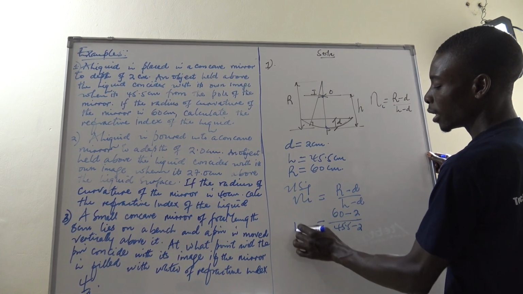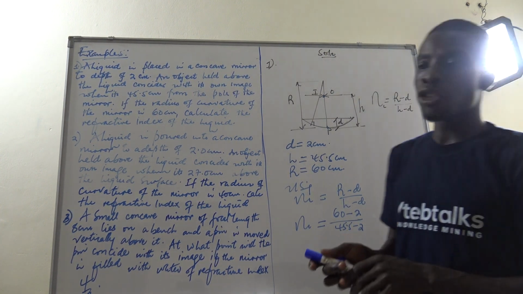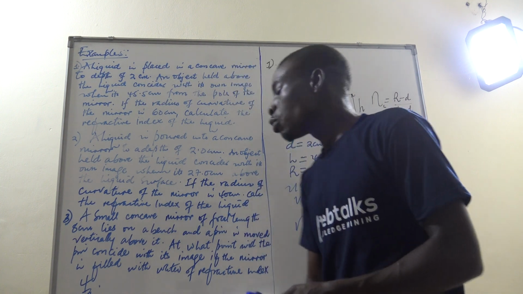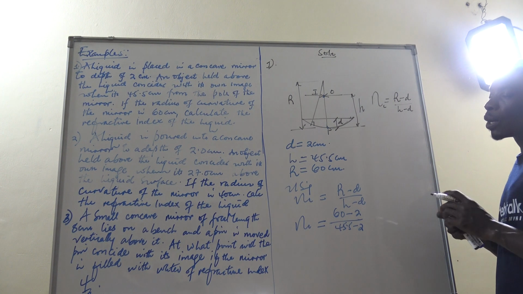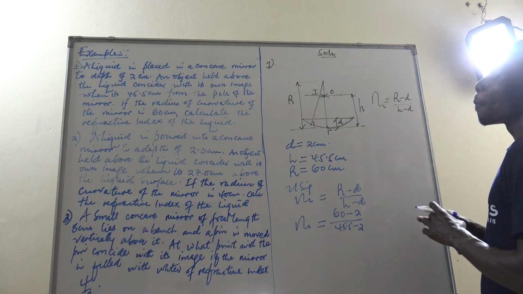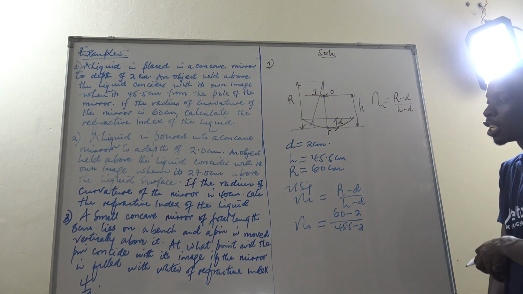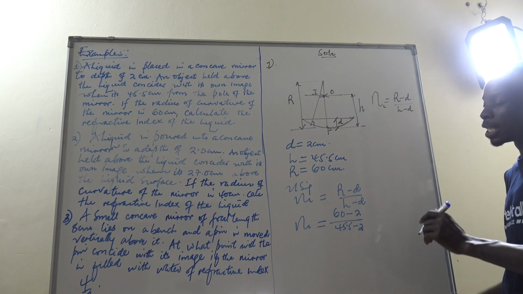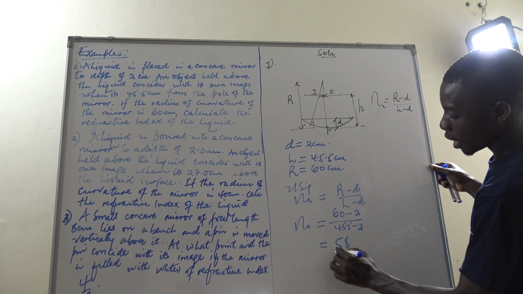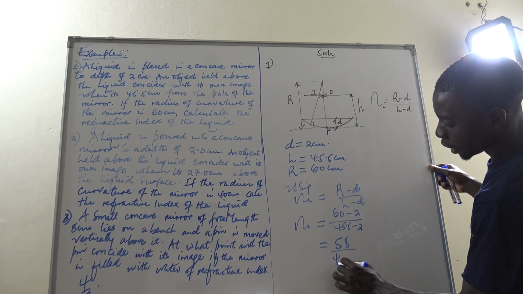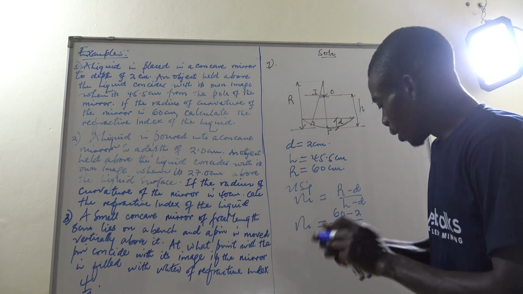And please don't forget, in our calculation, however much we say substitution should be done with everything in a standard unit, for light we basically use centimeters. So we don't convert the unit of length to meters. We only deal in centimeters. So this will be 58 divided by 43.5.